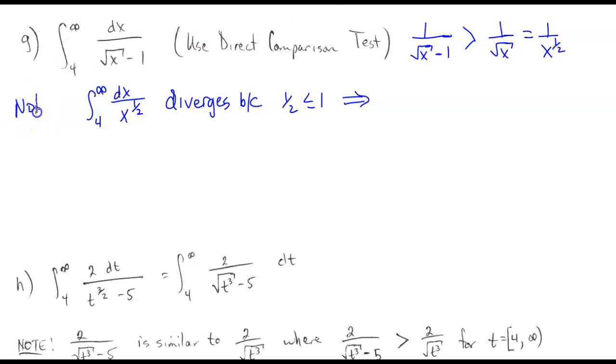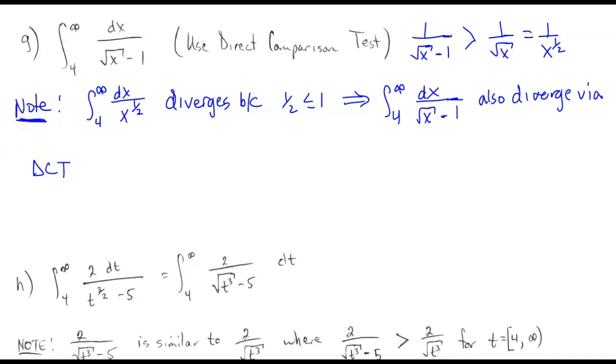So I'm going to say note that this particular improper integral diverges because 1/2 is less than or equal to 1, which means here that this particular improper integral will also diverge via the direct comparison test. Because remember, if the improper integral of a smaller function diverges, then the improper integral of a larger function also diverges. Okay?